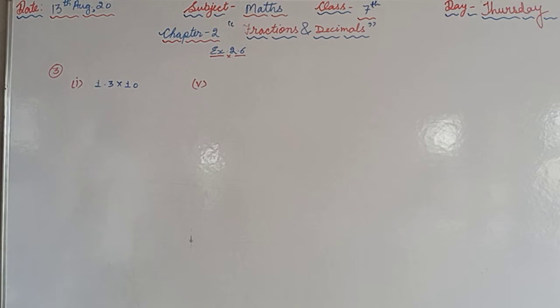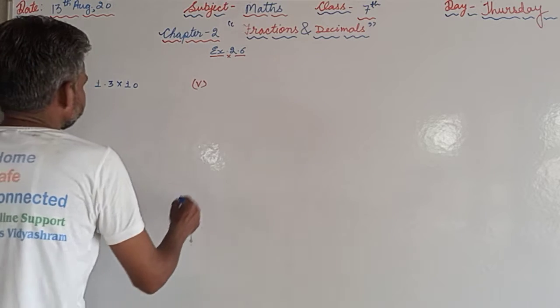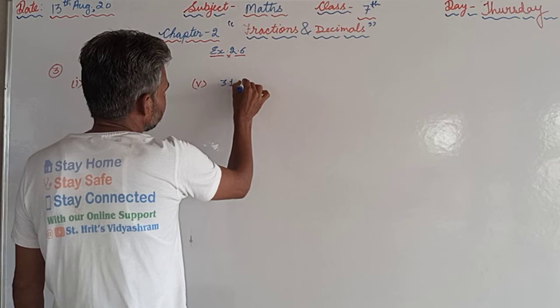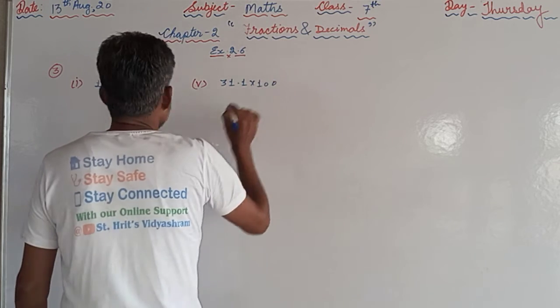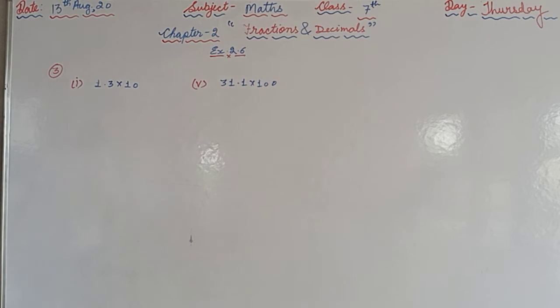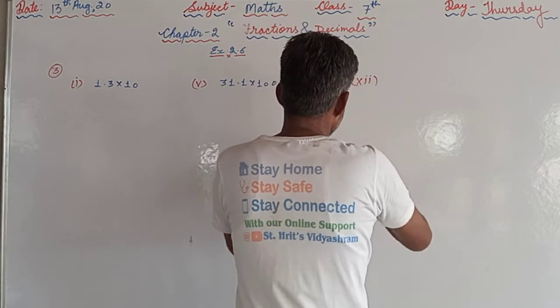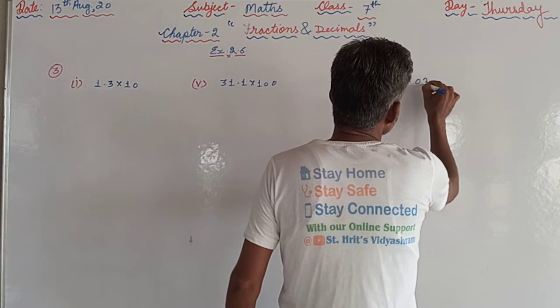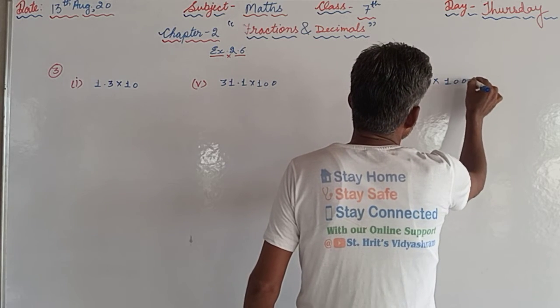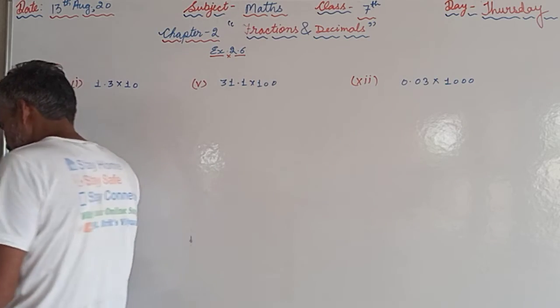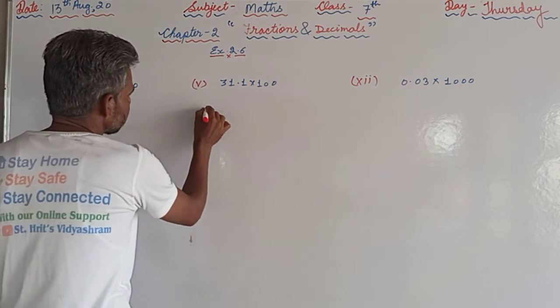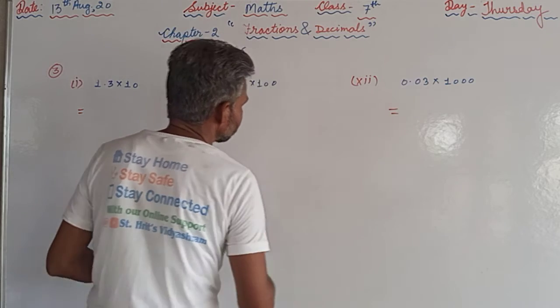In the fifth part, it is 31.1 into 100. And in the 12th part, it is 0.03 into 1000. So now how to attempt these questions when we are supposed to multiply by 10, 100 or 1000?